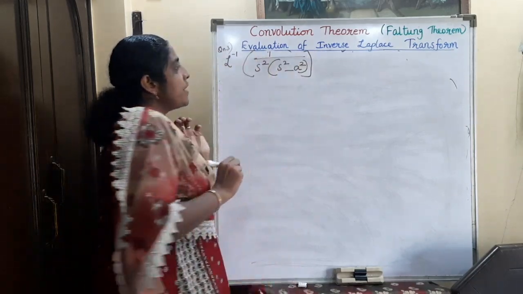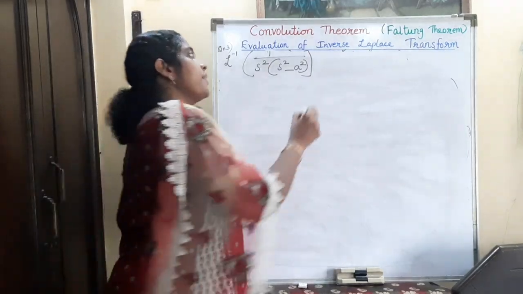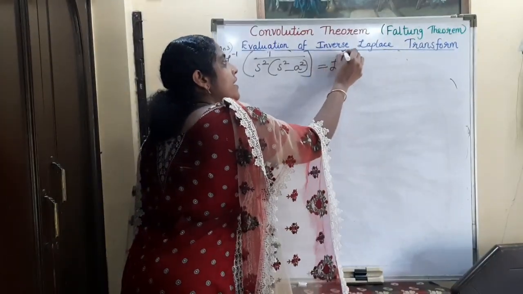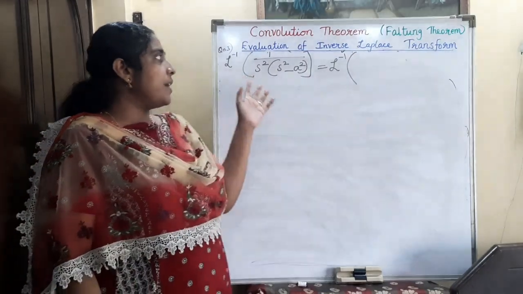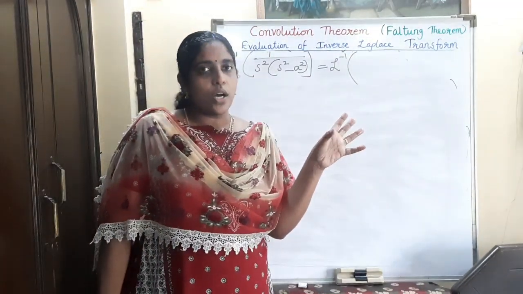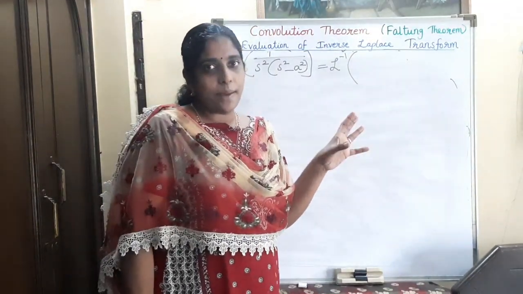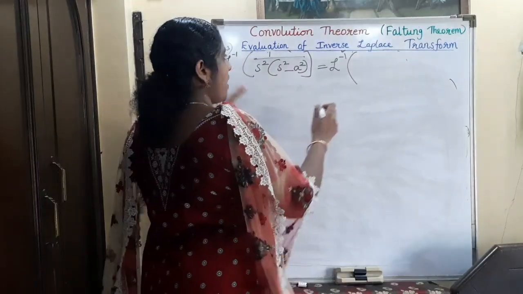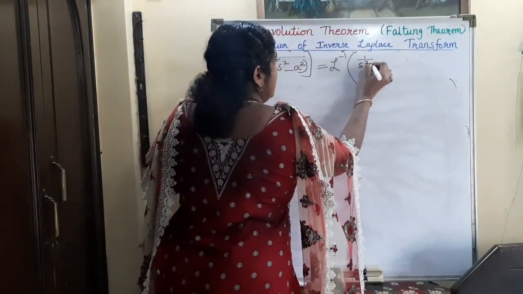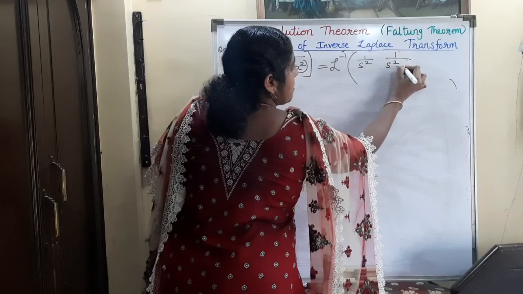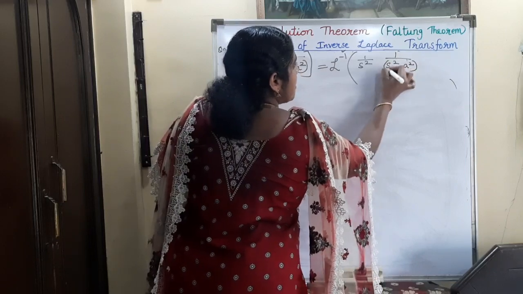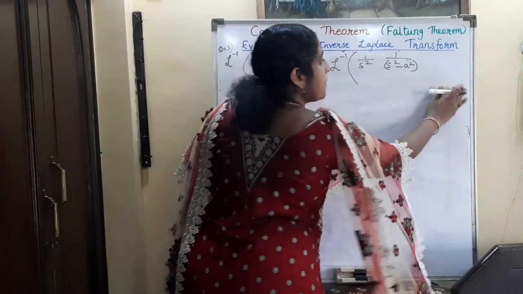So how can we find this? Here, can we split it as the product of two Laplace transforms? See, this is 1 by s square and 1 by s square minus a square.